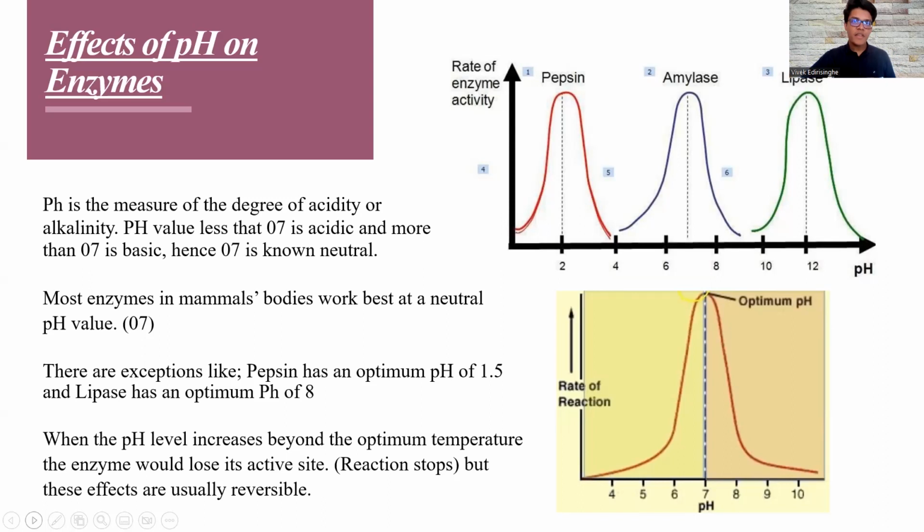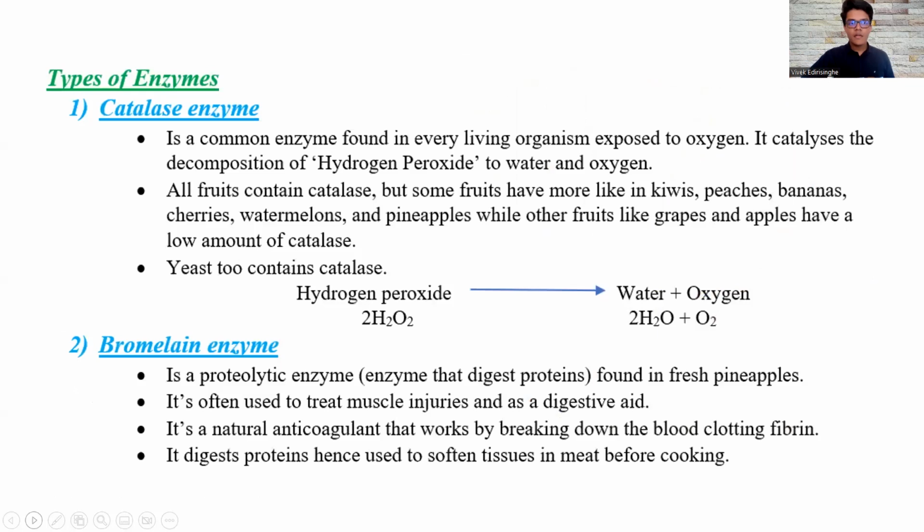In summary, the 2 main factors that affect enzymes are temperature and pH. If the temperature increases beyond the optimum value, the enzyme would denature, losing its shape and unable to catalyze the reaction any further. In an increase or decrease in pH, the enzyme would lose its activity, but only temporarily.